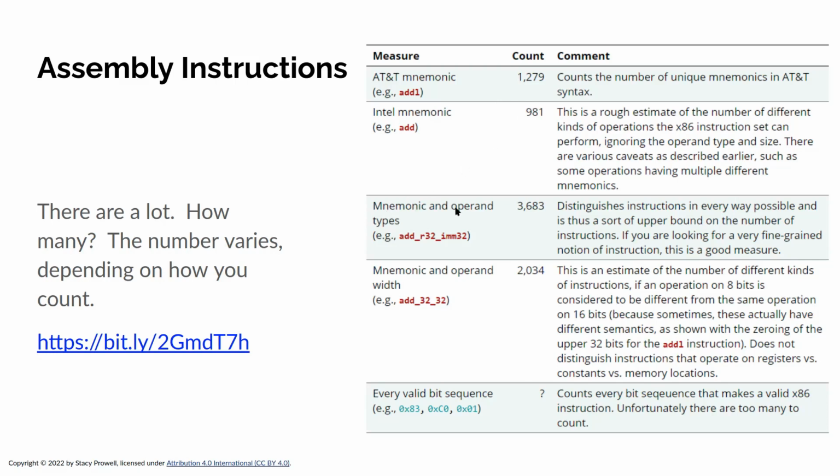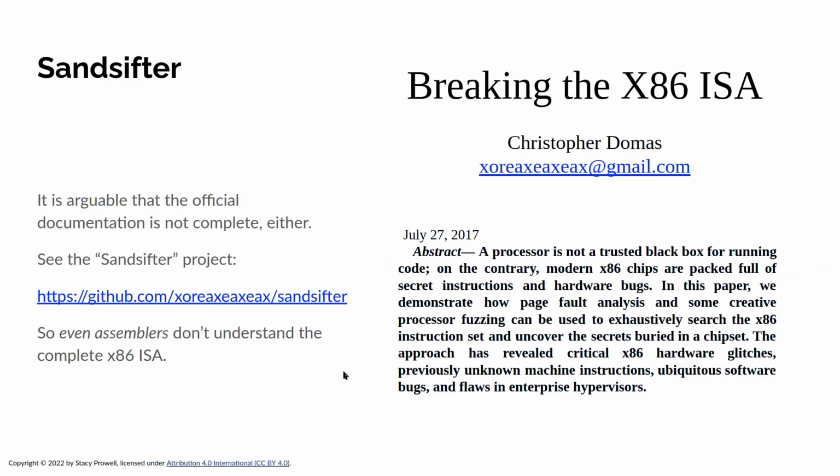If we consider mnemonics and operand types, right, adding a 32-bit register and a 32-bit immediate value would be 1, for example. Then the number goes up to almost 4,000. If we just consider operand width, it drops down to around 2,000. But what about just every instruction? These are all sort of hedging and based on the documentation. What about every valid bit sequence? We don't know. But maybe there was a way to find out.